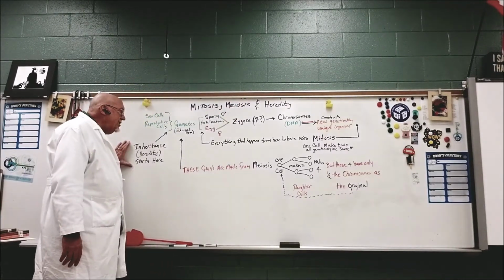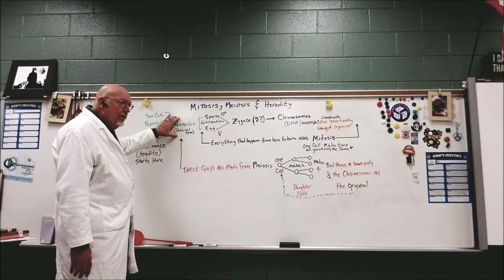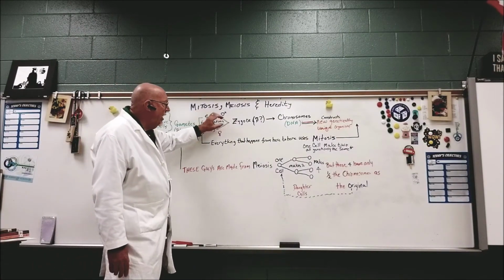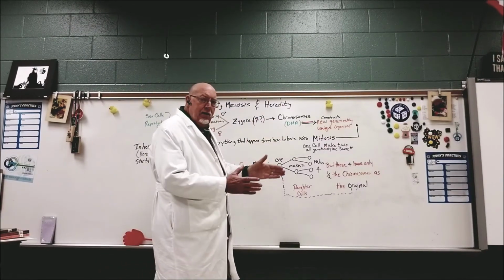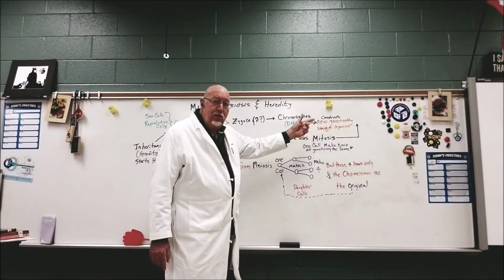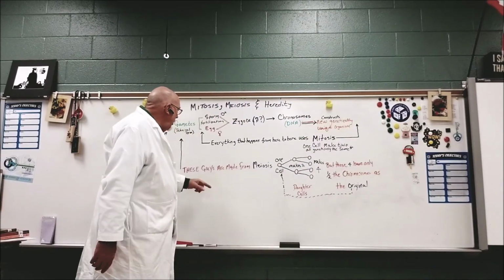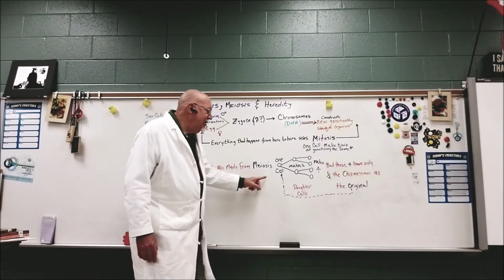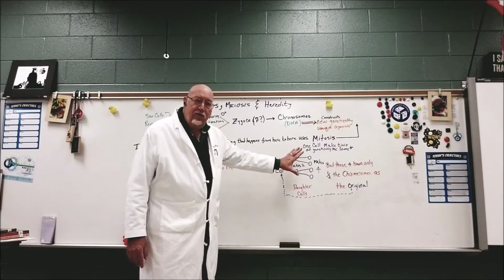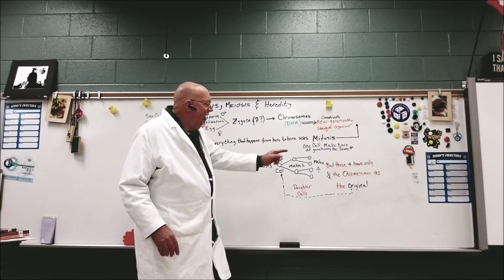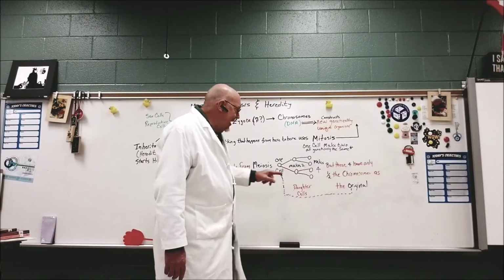So all the inheritance comes from the gametes, which get together and are fertilized to form a zygote. You get chromosomes from those zygotes that combine together to give a genetically unique individual. And of course, those gametes are formed by this process called meiosis. And meiosis basically takes one cell and creates four daughter cells, all with half the number of chromosomes as the original.